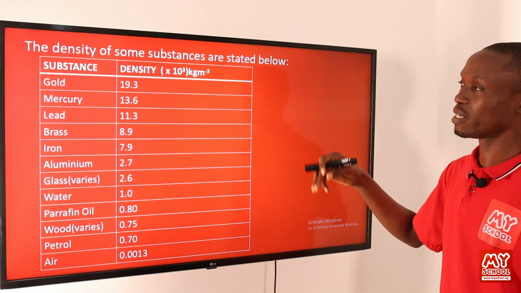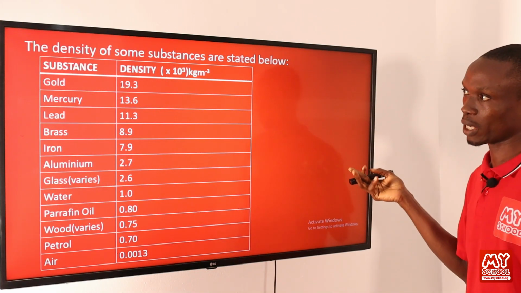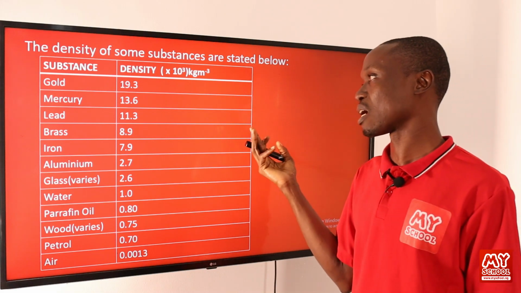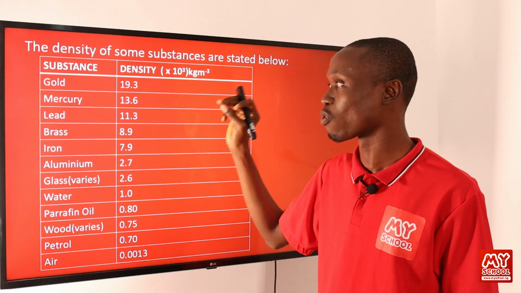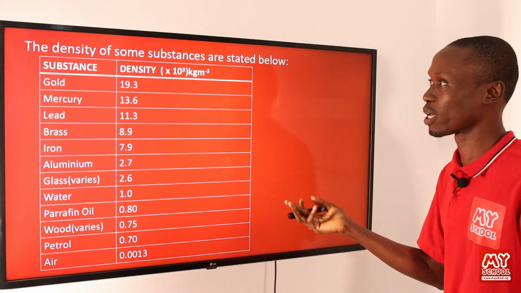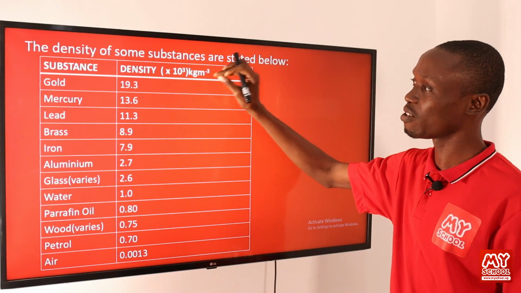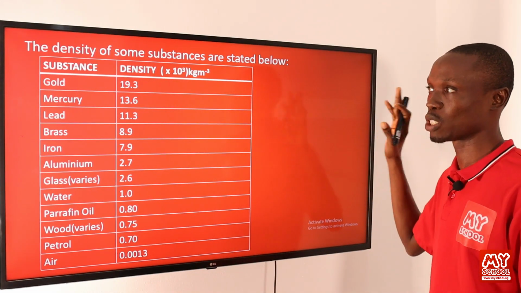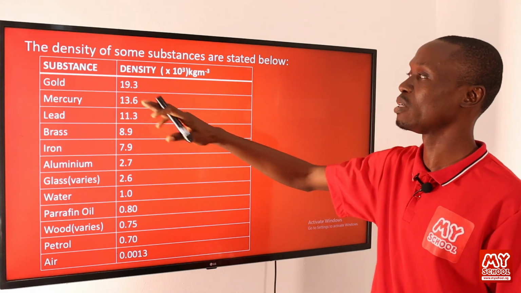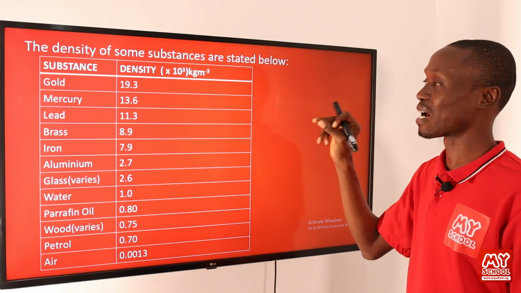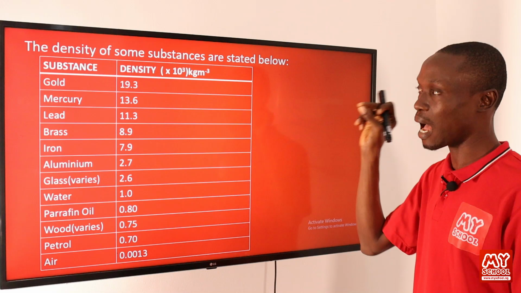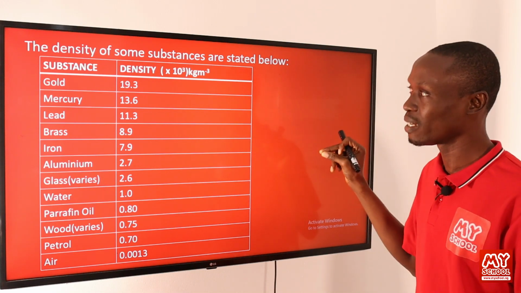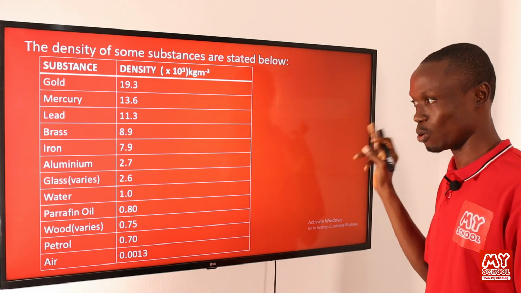Here are the densities of some substances. The ones worth taking note of are those of water and mercury. For mercury, it is 13.6 times 10 raised to the power 3, and the density is in kilogram per meter cube. Take note of that.